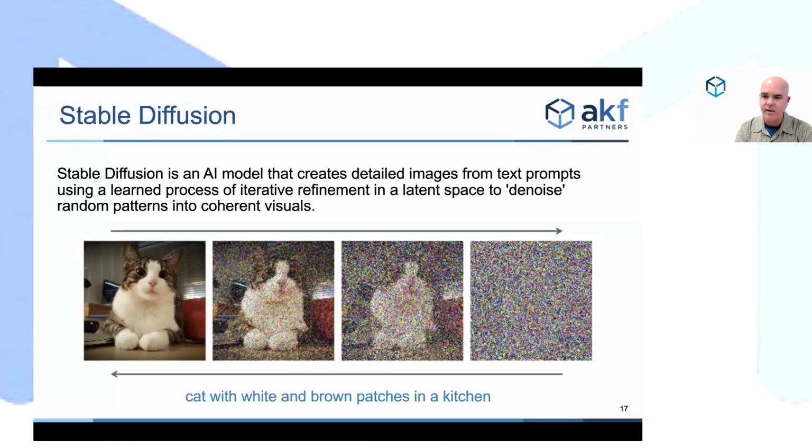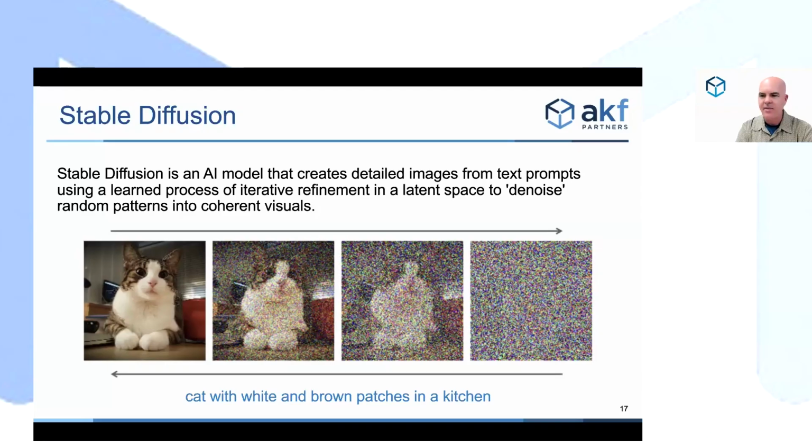What they do is get access to millions of images that are classified in some way. They say this is a cat, he's on a counter, he's got black and white spots or patches, he's in a kitchen; you label everything you can label about it.